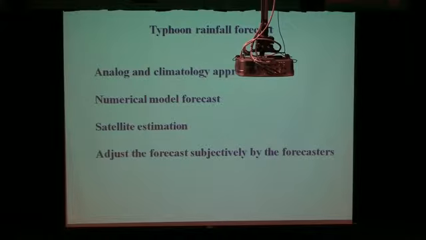So in summary, the Central Weather Bureau forecasters look at all the analog cases, the climatology mean values, and also the numerical model forecasts and some estimates from satellite images. Then each forecaster makes a subjective modification based on that guidance and makes their own forecast.